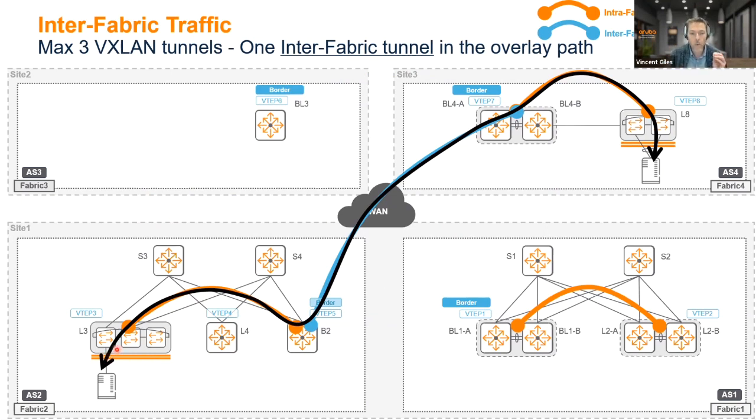It means that we are using an orange VXLAN tunnel, then a blue VXLAN tunnel between borders, and then from the border to the leaf, another orange. So we have only one inter-fabric blue tunnel used between any fabric to any fabric. That's important to understand, and we'll dive into some examples where, when it's not working properly, we can have multiple of those tunnels.